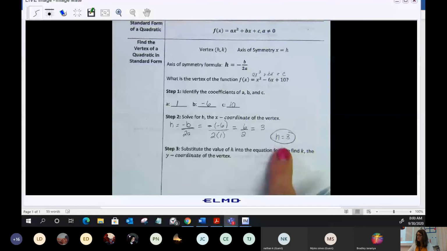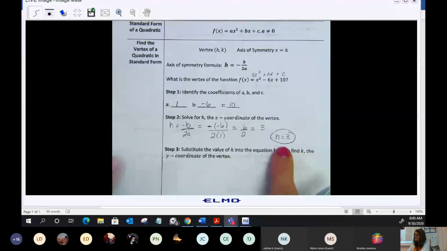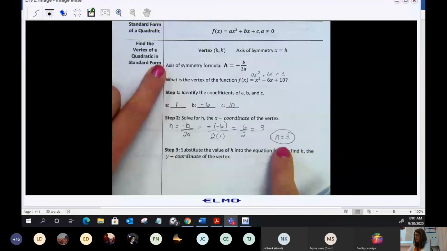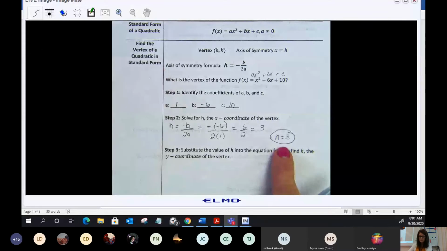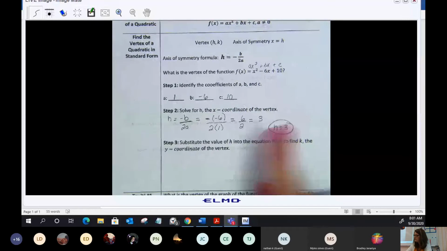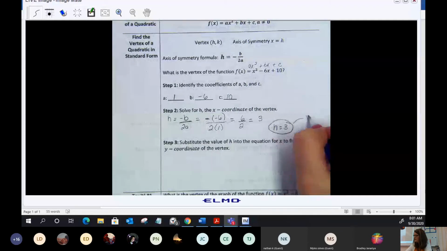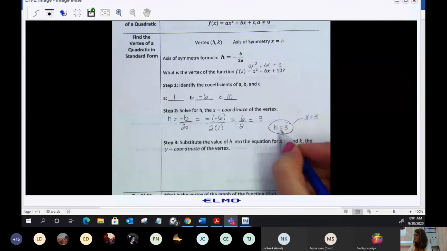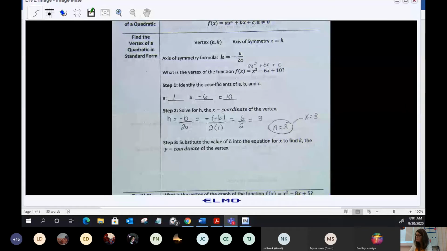Therefore, I also know from this, again, it is the axis of symmetry formula, I have a vertical line going through x equals 3. Now what we're going to do is substitute the value of h into the equation for x to find k, the y-coordinate of the vertex. And again, don't forget, this is also x equals 3 because your h value is an x value.